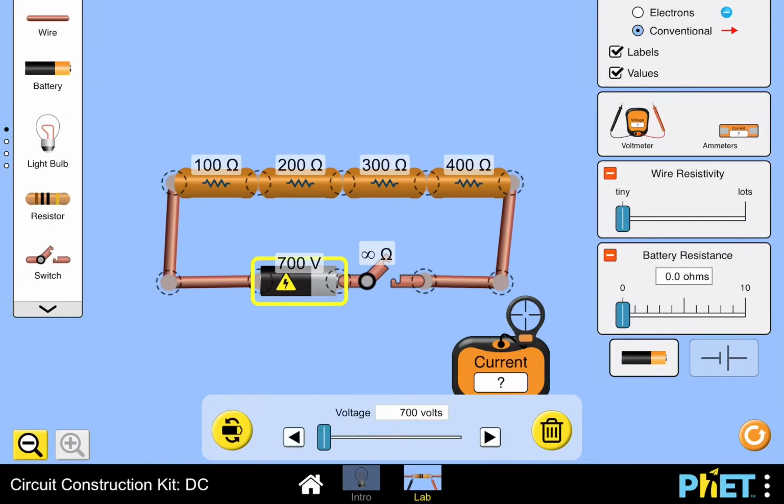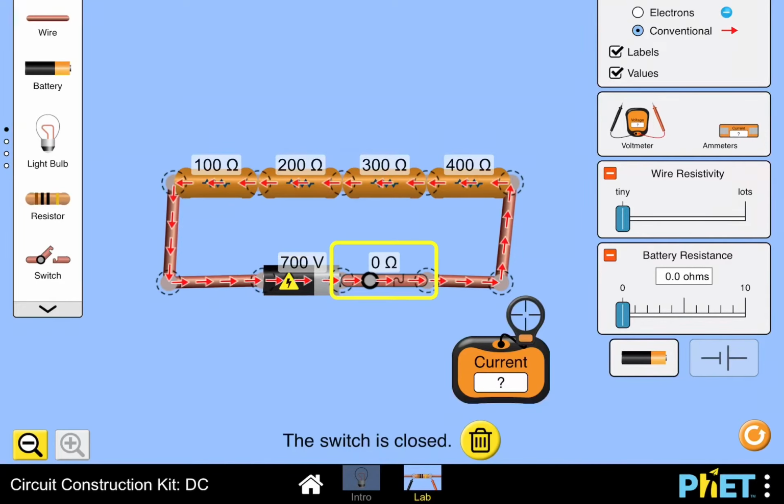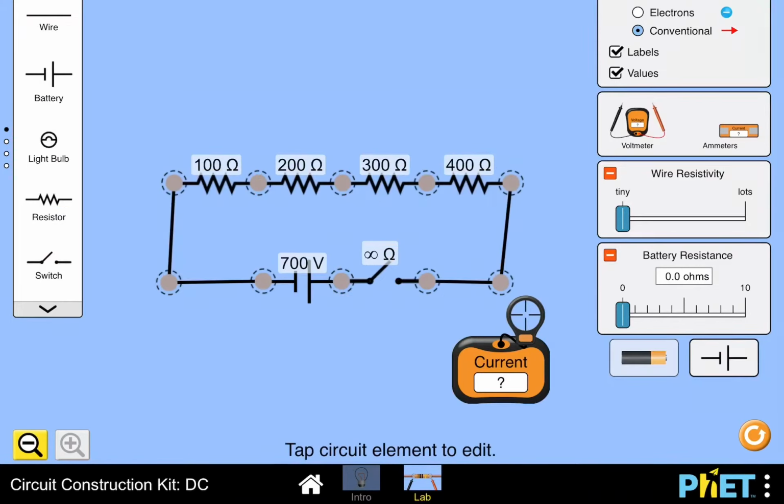And here I have applied a potential difference of 700 volt, and this one is a switch, so it can be turned on or off. This one is an open circuit now, it is not closed, so there is no flow of current. Now I'm going to close this one, and you can in fact choose different kinds of symbols here, like this way or this way, whatever you prefer.